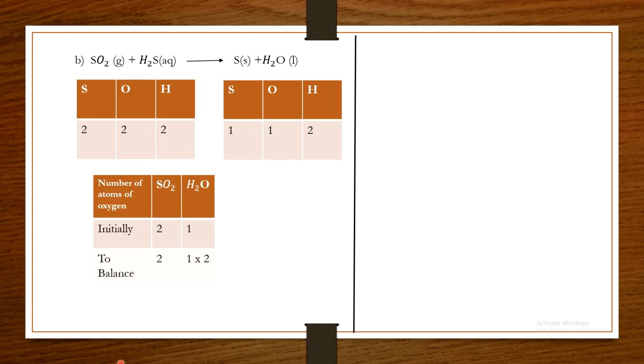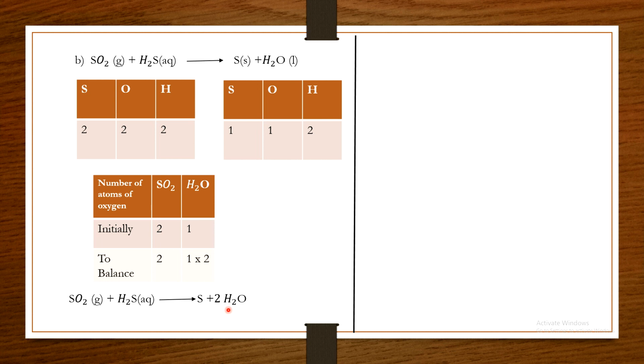First let's balance the number of oxygen atoms. On the reactant side, SO2 contains 2 oxygen atoms and H2O contains 1 oxygen atom. So we have to multiply H2O by 2. Our equation becomes SO2 plus H2S gives S plus 2H2O. Now the oxygen atoms are balanced.